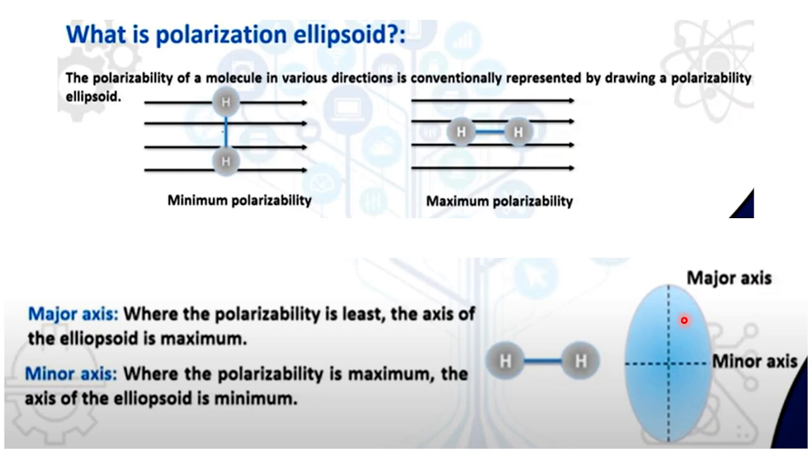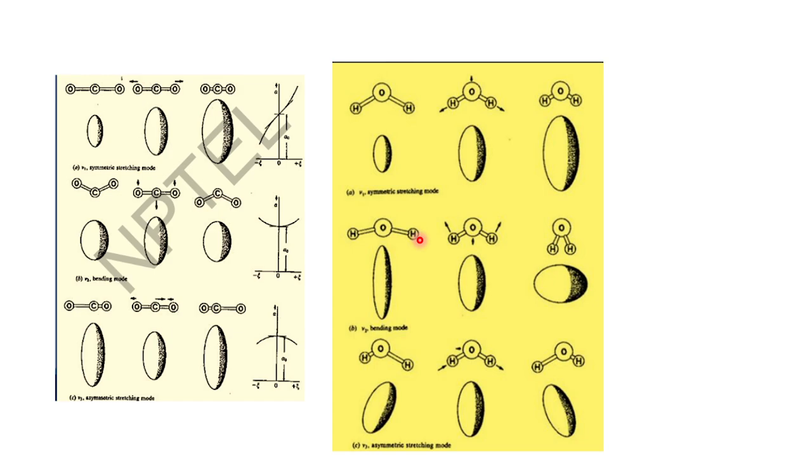Now, in major axis, where the polarizability is least, the axis of ellipsoid is maximum, and in minor axis, where polarizability is maximum, that is the minimum axis of the ellipse, and that actually also depends in which direction the electric field is working, because it is a vector property. Now here there are two different molecules, one is the carbon dioxide and another one is the H2.